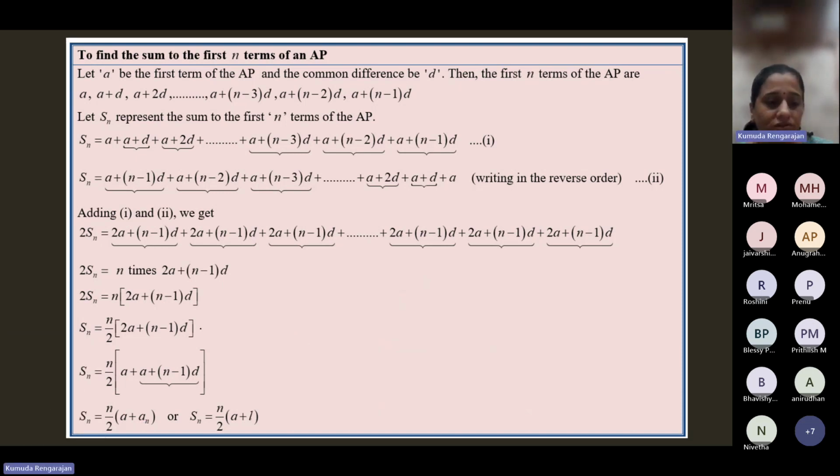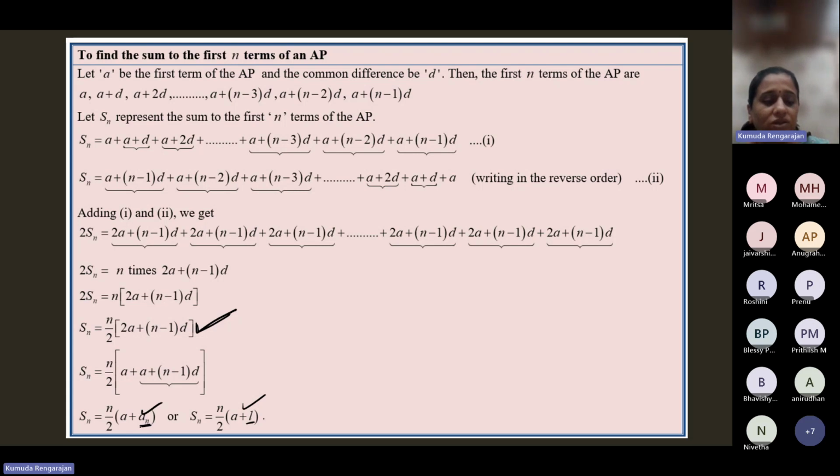So you'll have to remember this: Sn is equal to n by 2 of 2a plus n minus 1 into d. And also, these two are the same, just that an can also be written as L. They're not different.